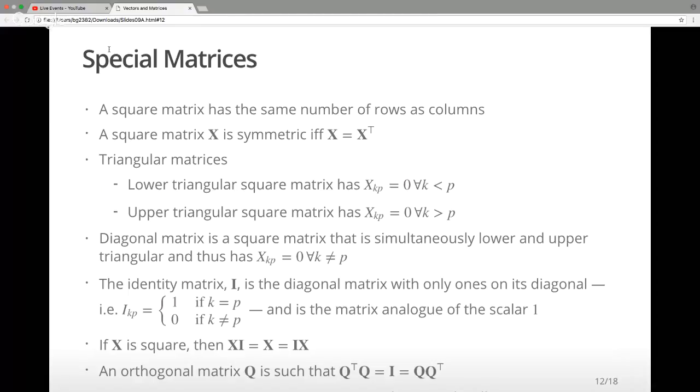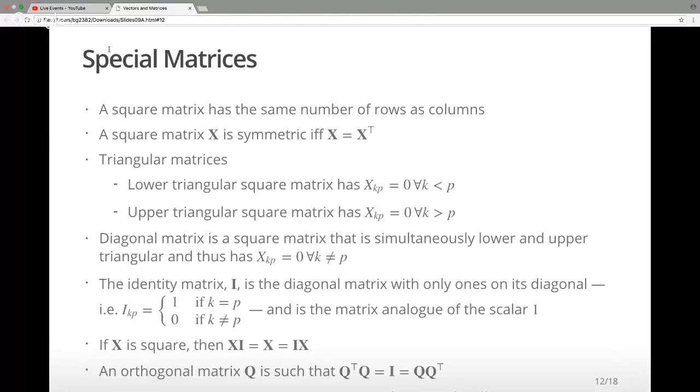A matrix that is not the identity matrix but has ones throughout is often known as a ones matrix, but it is not analogous to the scalar number 1. The identity matrix is analogous to the scalar number 1.